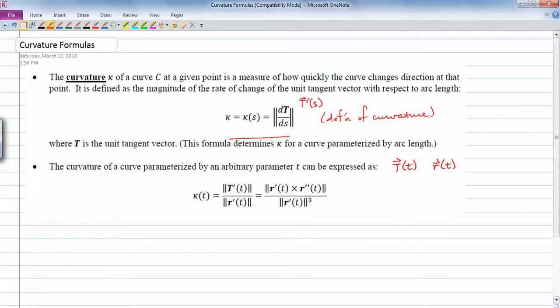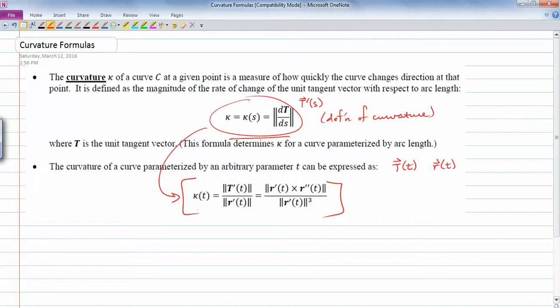So what people have figured out are other convenient formulas you can use. In this case, you would only need R, and in this case, you'd need T and R. Okay? So what we'll do is show that you can take the definition and turn it into these two other versions in terms of T, little t.